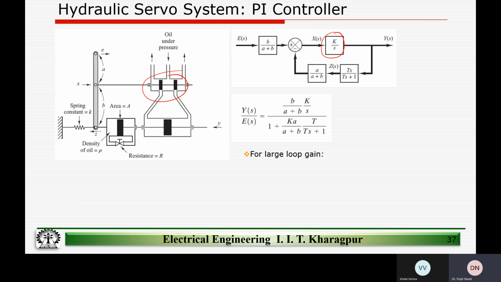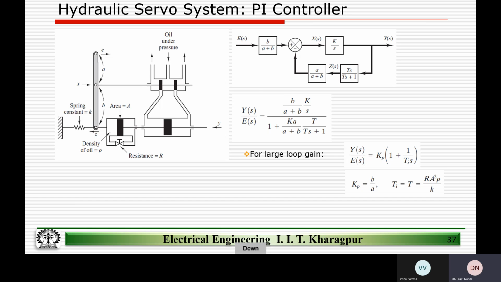And this Zs is fed through this floater, and the fraction is given by A divided by A plus B. This is a negative feedback system, so the input signal applied here is multiplied by B divided by A plus B. And with this, we end up getting an expression like this.